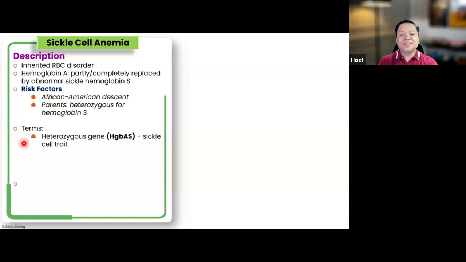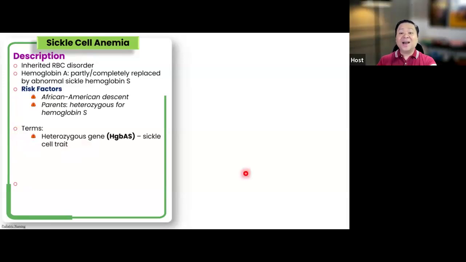We have the heterozygous gene, which is known as HGBAS. This mainly pertains to a person or child that has the trait of sickle cell disease. Okay, just the trait. So how is this happening?